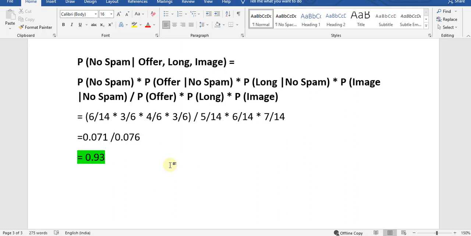I can do this with the training data set, and when any test data is given to me with a particular combination, I can compare the probabilities, and wherever the probability is higher, I will predict that target value for the given feature set. So this is how the Naive Bayes algorithm actually works.